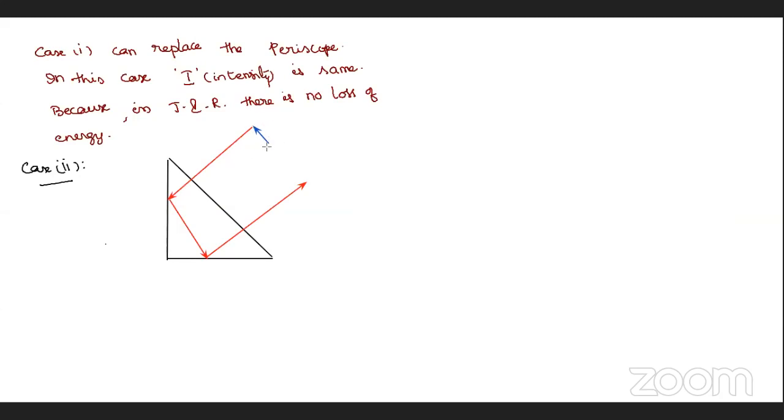From the tail, you take here one light ray. Okay. And again total internal reflection. And again here, total internal reflection. And you will get the light ray here of the same size, but look at here.